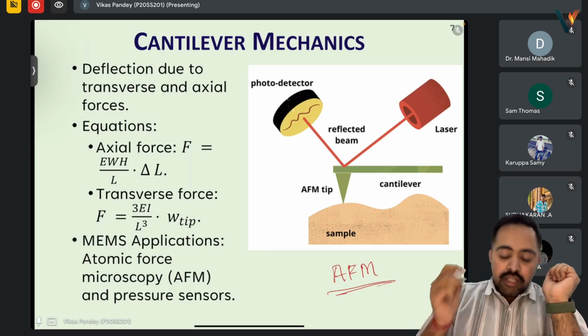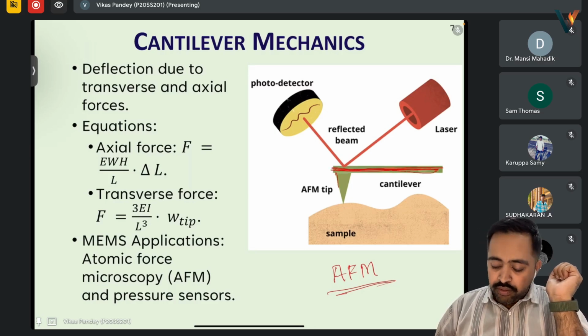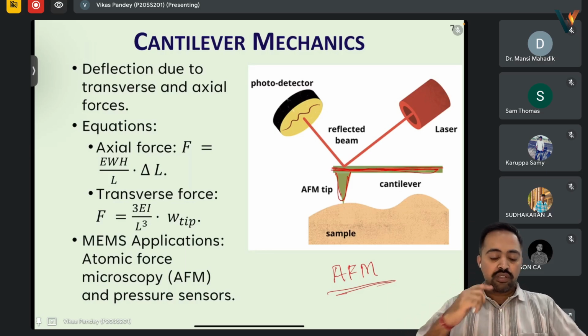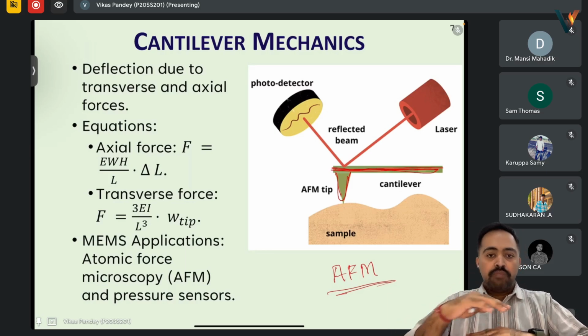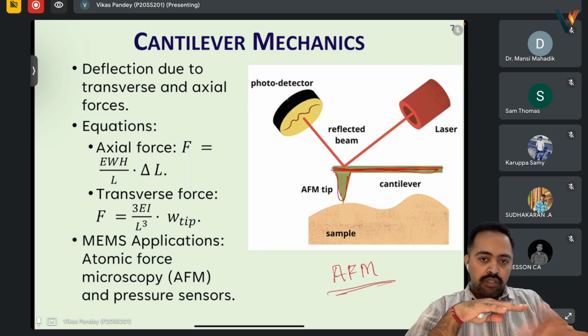What it has is this hanging pillar-like structure, the cantilever, and it will have a tip. This tip will move over the surface of the material or the film, or whatever surface we want.